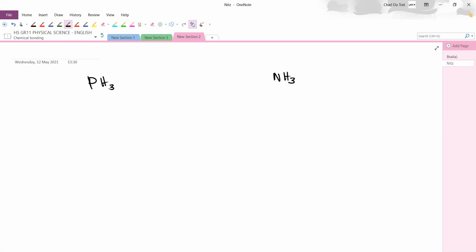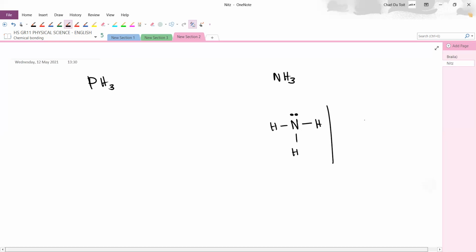Okay, so I'm going to draw the ammonia first as well. Ammonia is in group 5. It's got 5 valence electrons. So there's one bond. I'm going to draw a Couper diagram again. Did you draw Couper or Lewis? Okay, let's draw the Lewis diagram next to it. There we go.